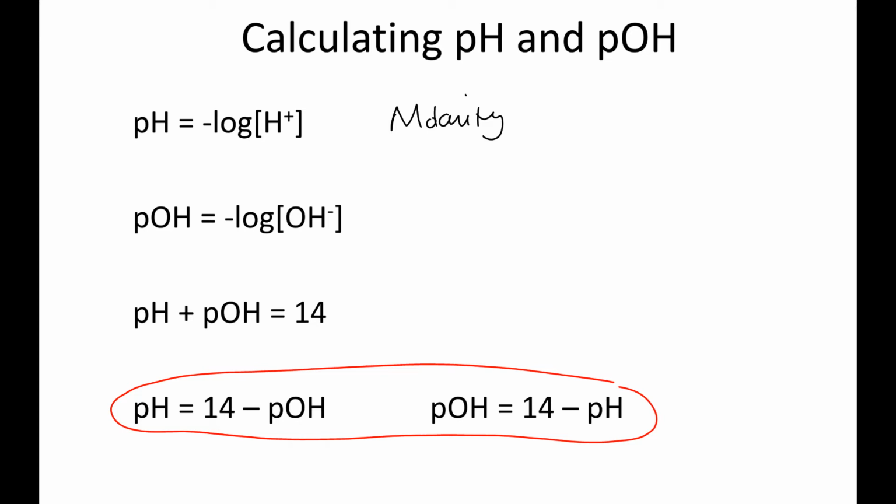You can have it in the form of, let's say, 2.0 times 10 to the negative third molar, or you can have 0.003, something like that, molar. You can use both those forms in the calculator. As soon as you hit the minus log, it comes up with a half parenthesis, and then you put the number in, close the parenthesis, and hit enter. So it doesn't matter which form it's in.